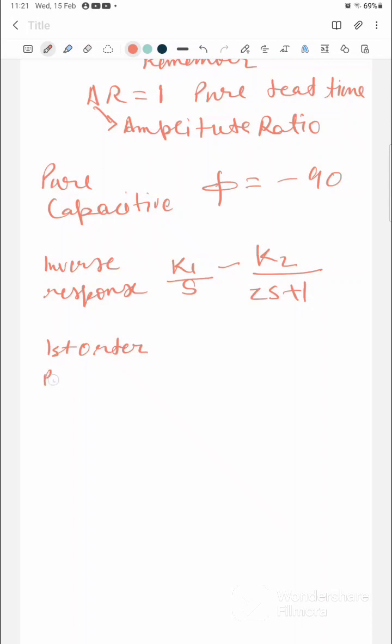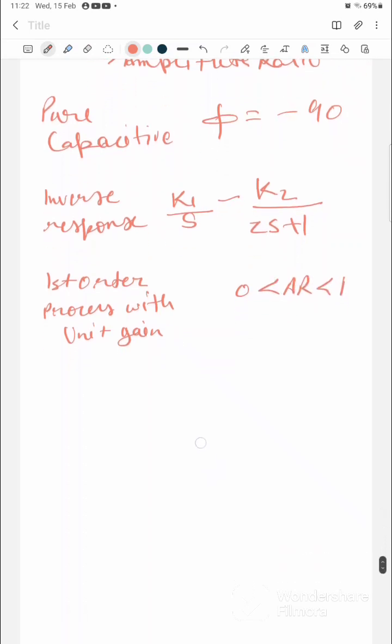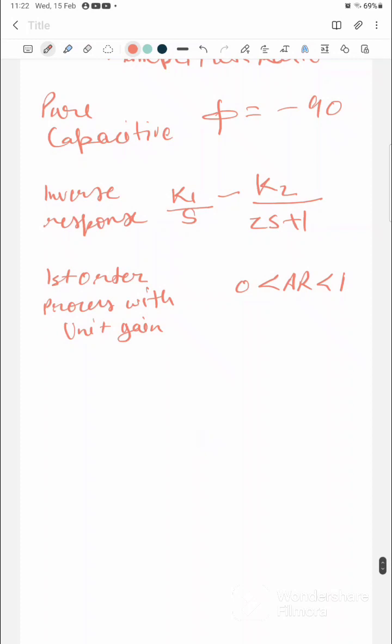A first order process with the unit has amplitude ratio between 0 to 1.